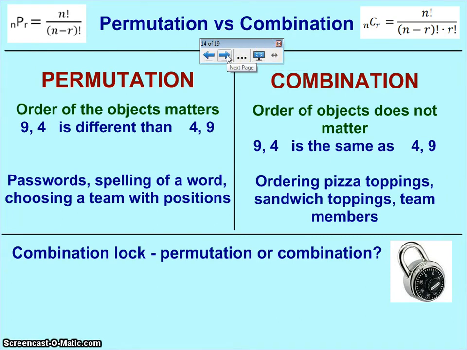Ironically, a combination lock, even though it has the word combination in it, is actually a permutation, because the order in which you dial the numbers matters. So unfortunately, this is not a good example to have in your head when you're trying to define combination to yourself.